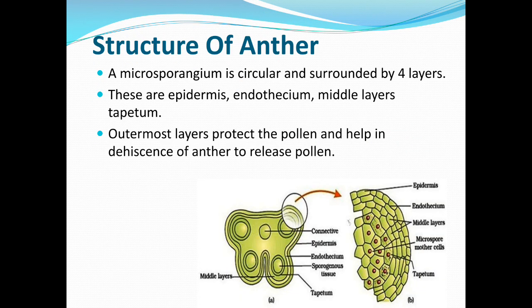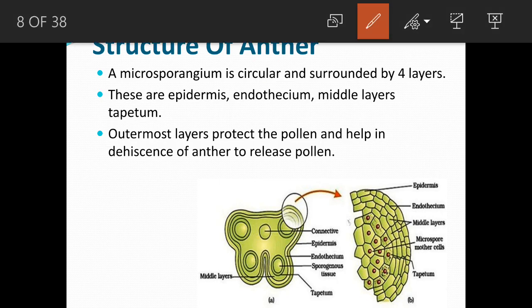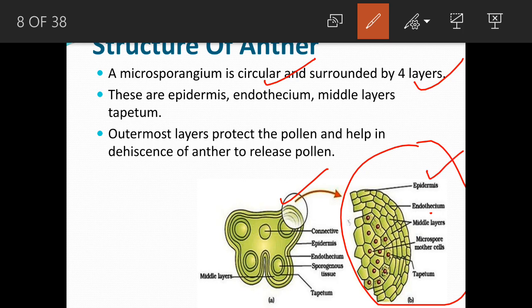Now the structure of the anther. Anther consists of microsporangium, which is circular and surrounded by four layers. So this is the structure of the microsporangium, and under the microscope we will see these layers. First, the outer one is the epidermis.